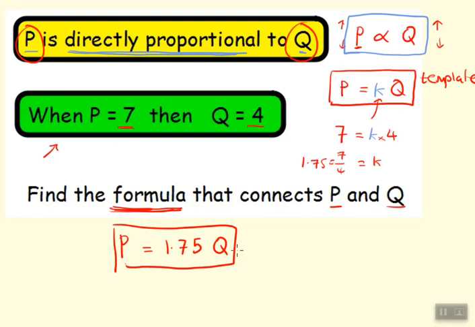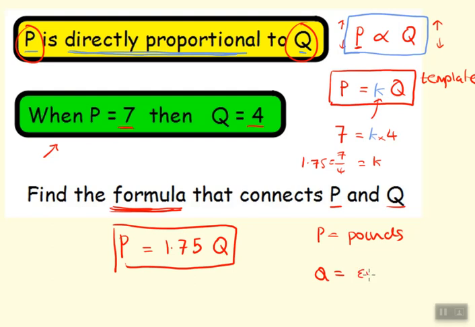Now, you can think about it in this way, for example. Let's say P is how many pounds you can get, and Q is, for example, how many dollars or euros.